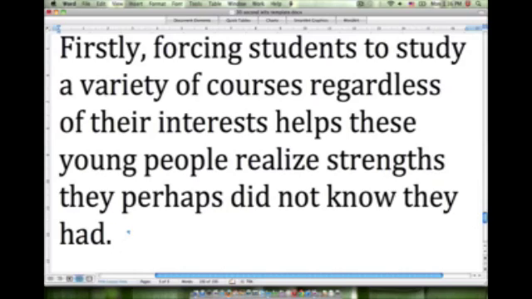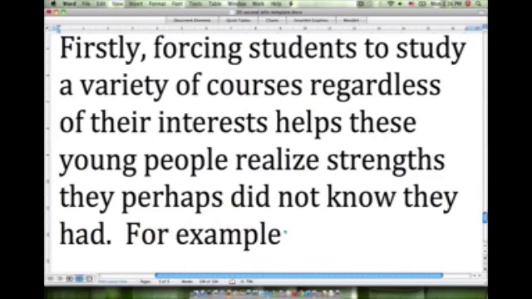Now I'm going to share a personal example of this. I'm going to share the example of studying the English language in Canada when I was younger, and how maybe initially as a young person, like most students, you're not completely interested in that. I wasn't very interested in it, and then as time went on, I realized that it was something I was good at, and then I built a career around it.